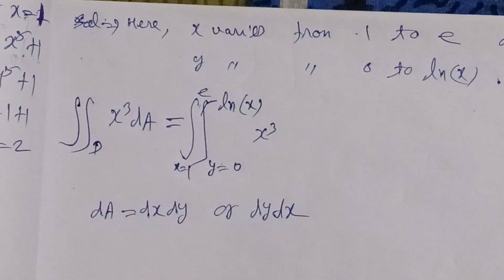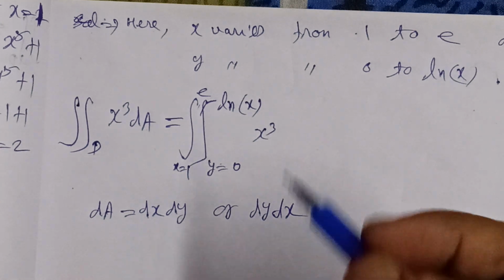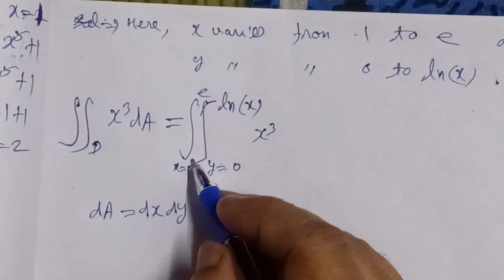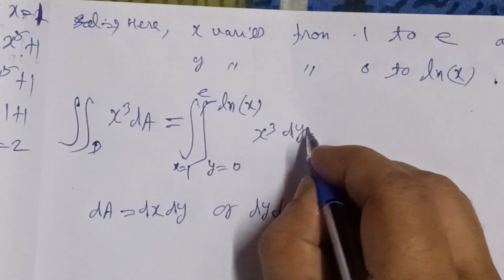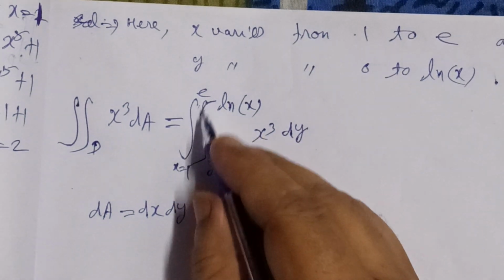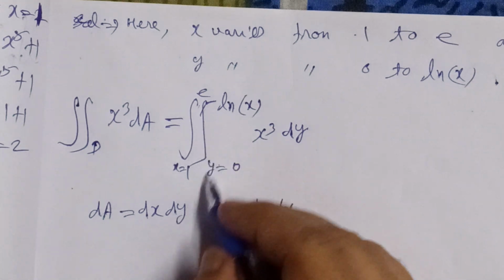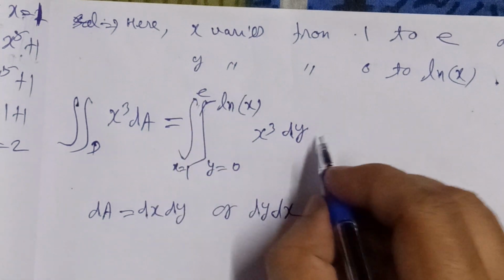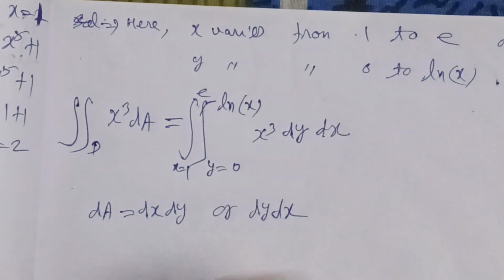In engineering, mostly the integration variable is written this way, so for variable y I write dy here.